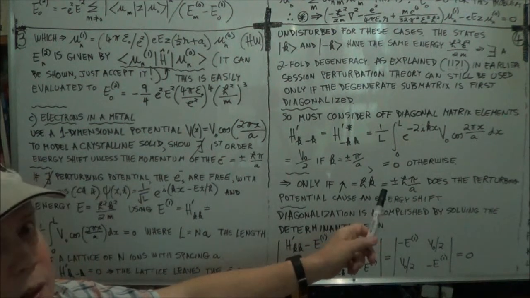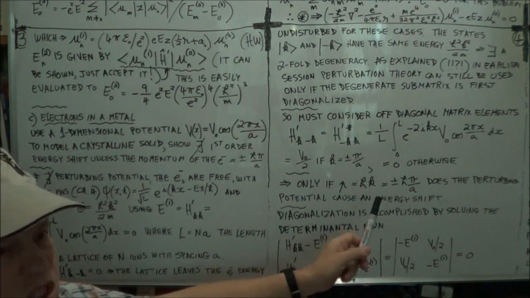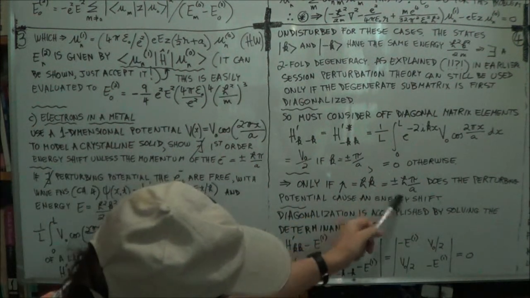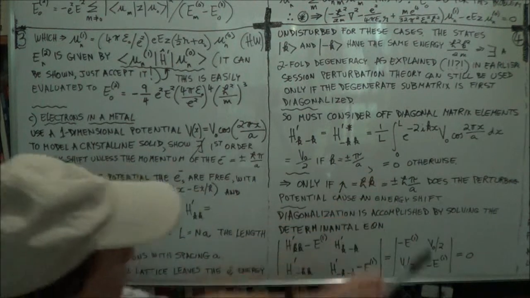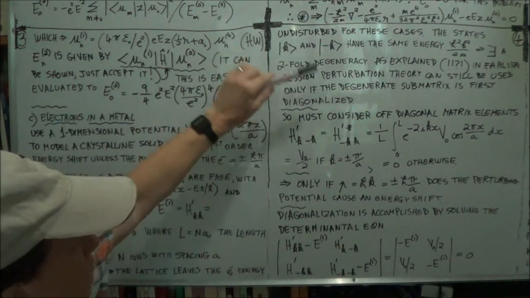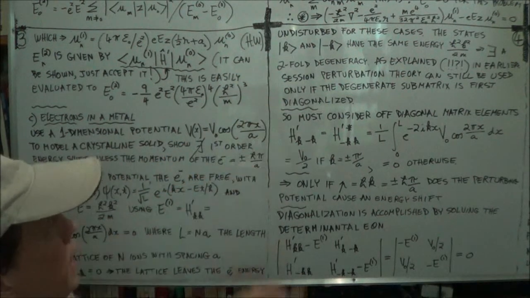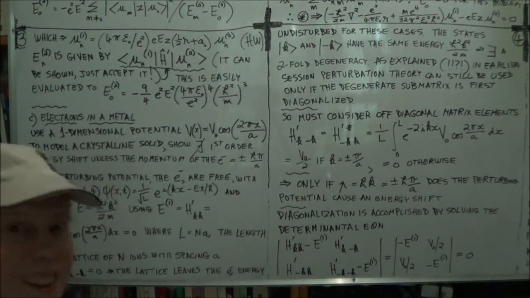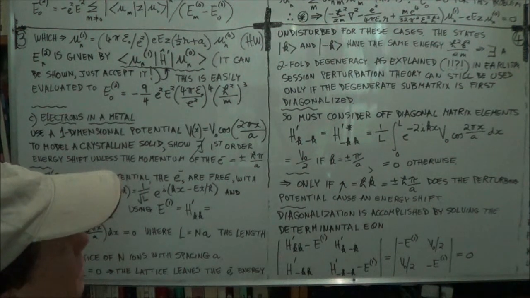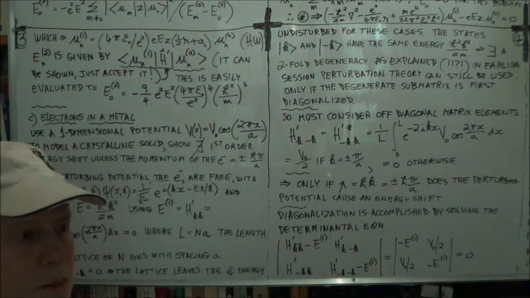So the perturbing eigenvalue energy shift is zero, except when the momentum takes this value because of this integral. Now, this part here, you probably could be confused by. Inevitably, I think you just have to wait until you've done some linear algebra.